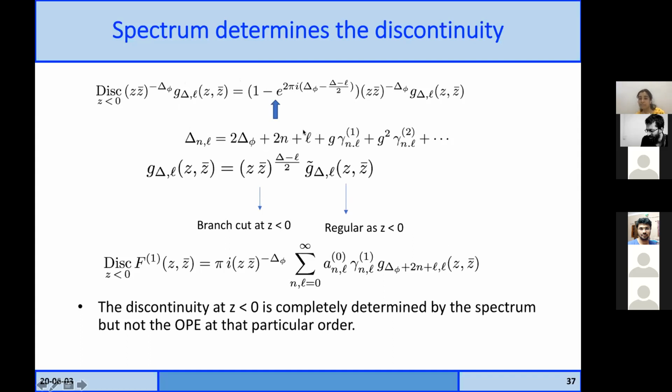But there could be cases where this factor is not vanishing. Suppose the dimension of the exchanged operator is less than the value of the external correlator, then this can start at order 1.